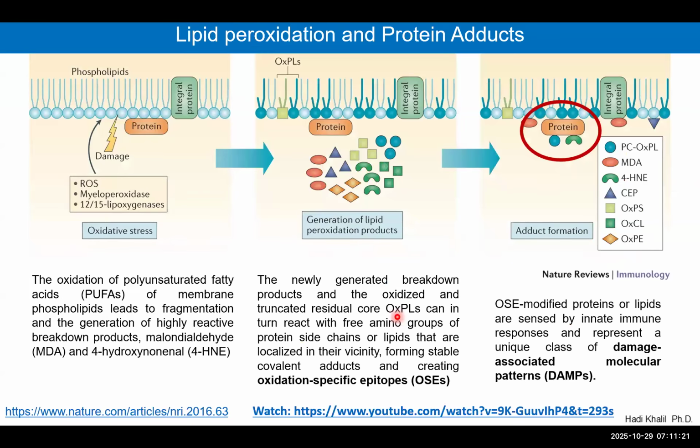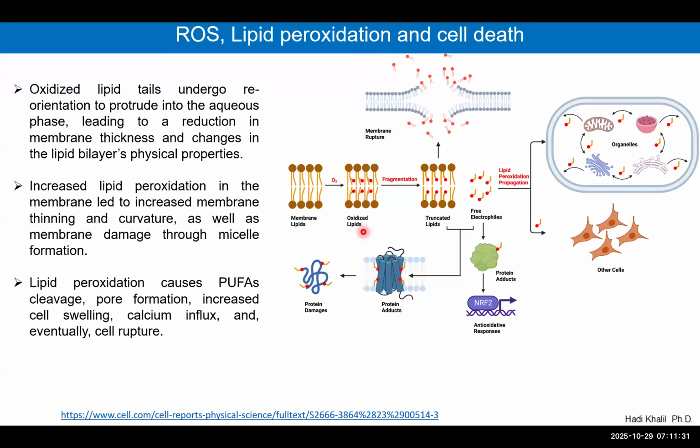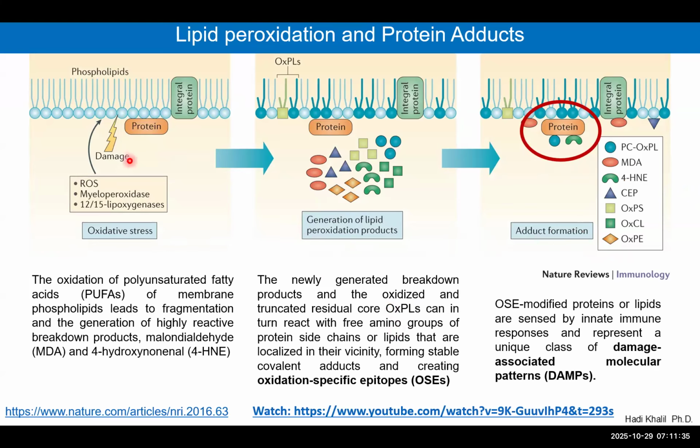So what are protein adducts and how does lipid peroxidation cause them? It's very simple. Exactly what I just explained, but now more elaborated here. You have a damage, you have an induction of oxidative stress and ROS.